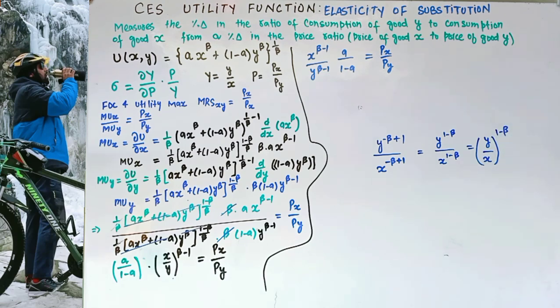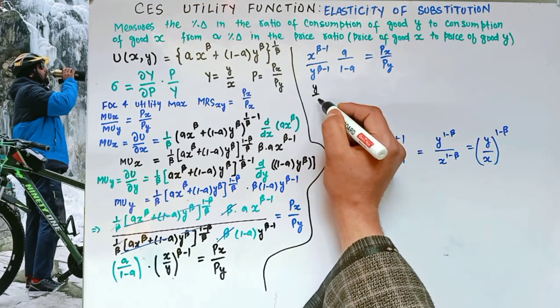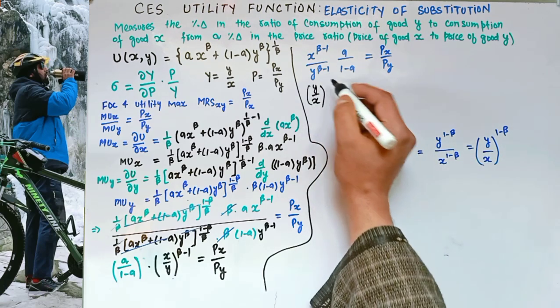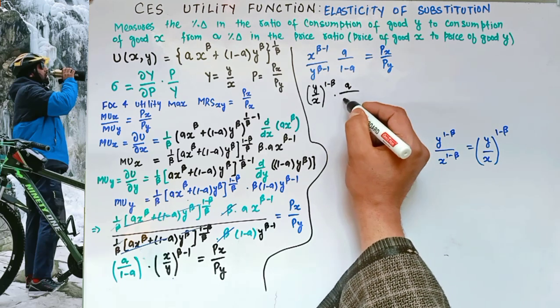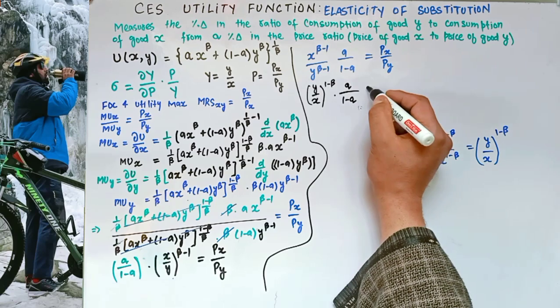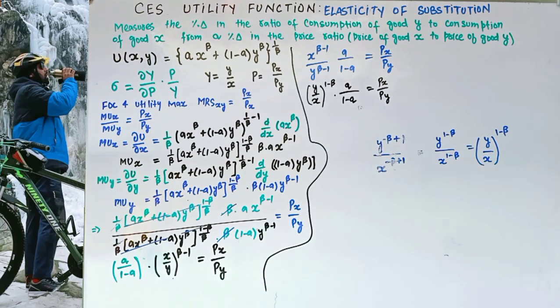I have done nothing unusual here, just simple transposition. So we have y upon x raised to the power 1 minus beta times a upon 1 minus a should be equal to the price of x upon the price of y.